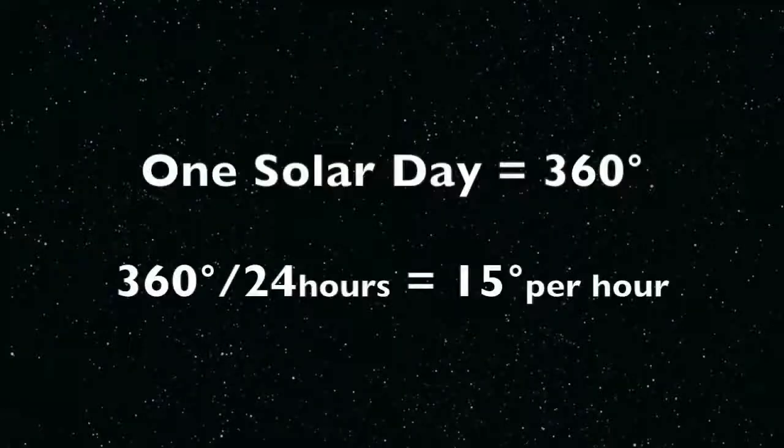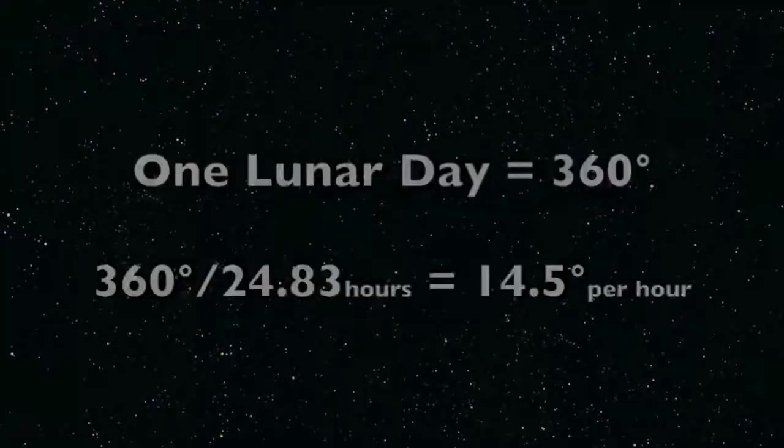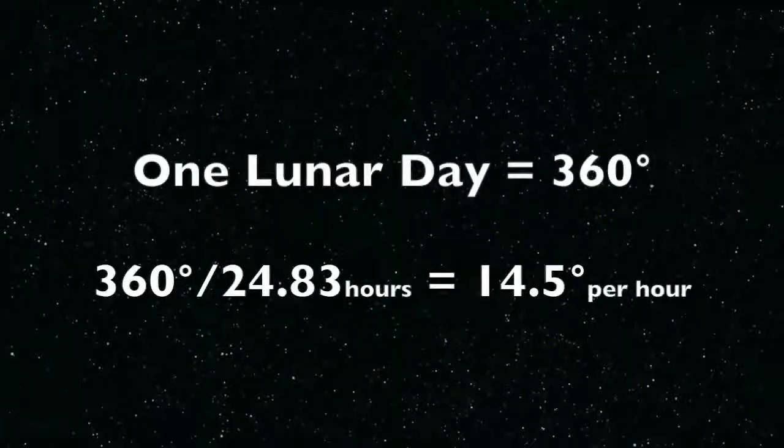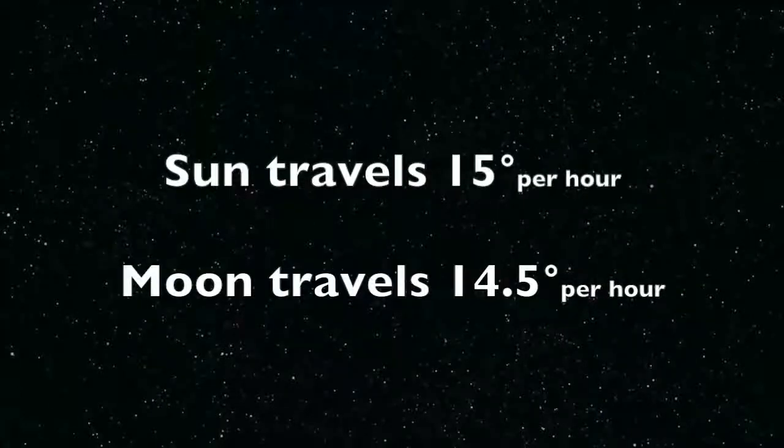So if one solar day is 360 degrees, and we could round to make this a little bit easier, if there are 24 hours in a day, that means the sun moves 15 degrees per hour in the sky. One lunar day, which is one 360-degree circle of the moon above the flat Earth, divided by 24.83 hours, or 24 hours and 50 minutes, is roughly 14.5 degrees per hour. So the sun moves 15 degrees per hour, but the moon is slightly slower.